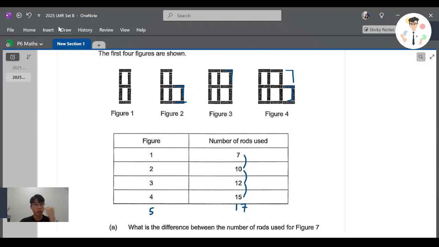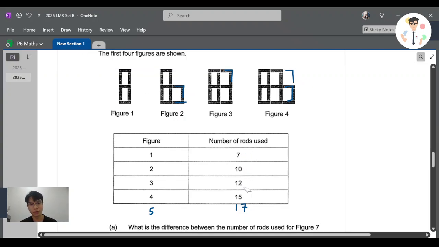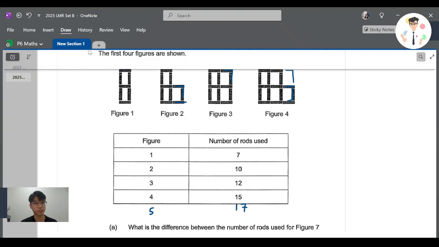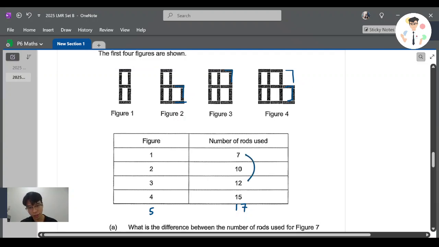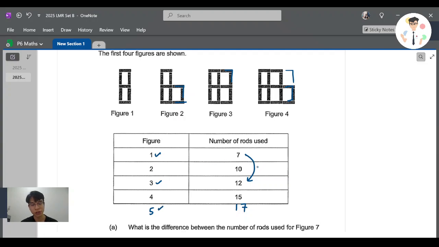Because it's plus 3, plus 2, plus 3, plus 2, it's a bit hard to guess, right? So another easier way to think about it is this: all the odd numbers, here, here, here, will actually be plus 5.